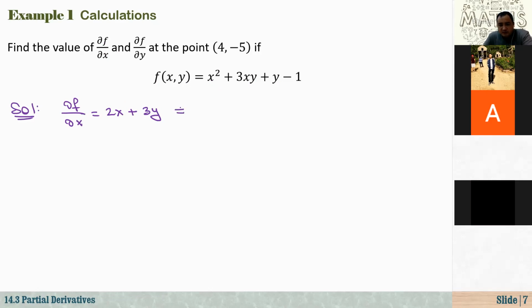Now if we evaluate at the given point (4, -5), that's equal to 2 times 4 plus 3 times negative 5, which is 8 minus 15.